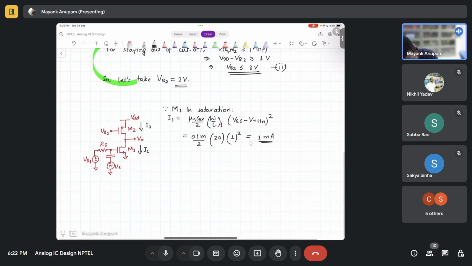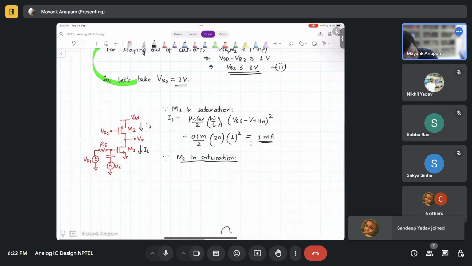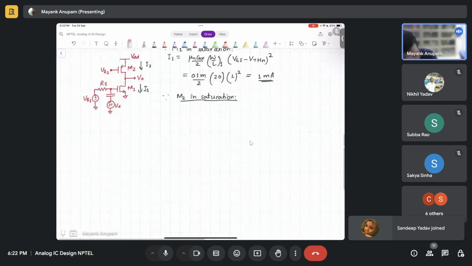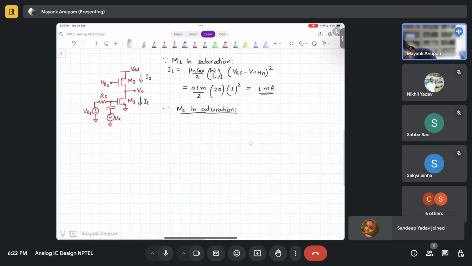Now M2 is also in saturation, right? So now tell me, if M2 is in saturation, what is I2?